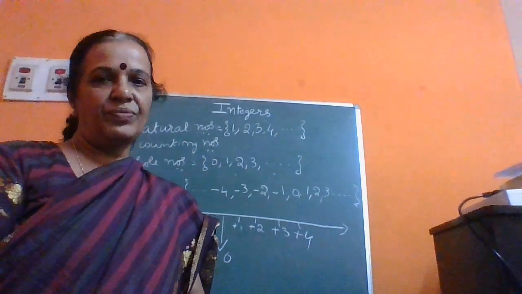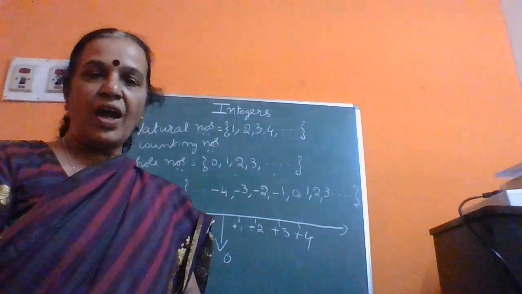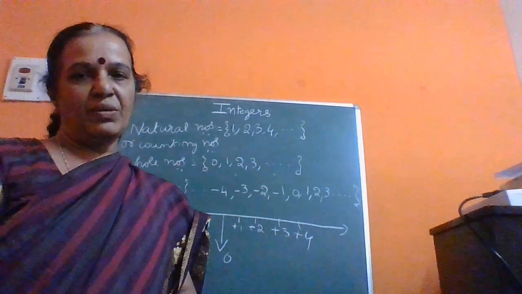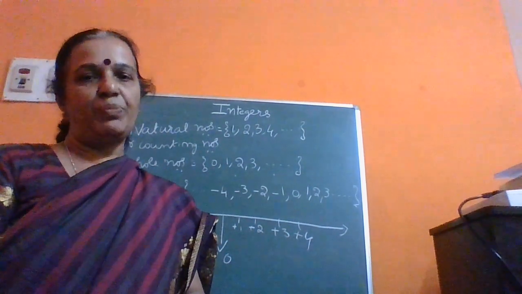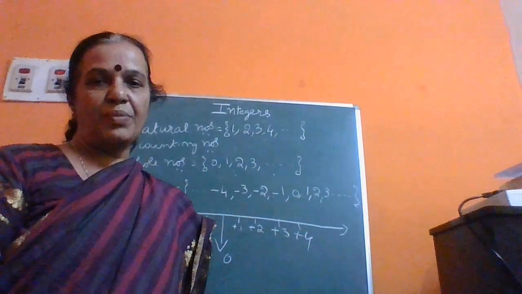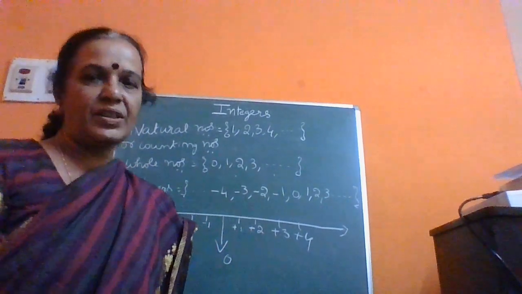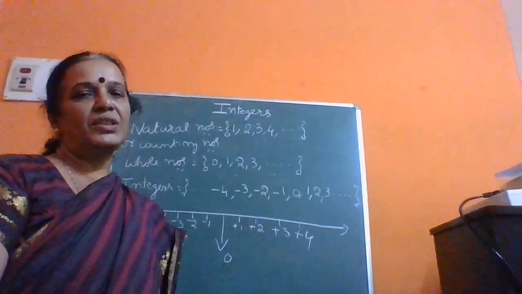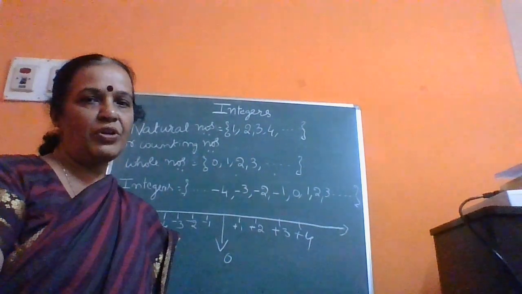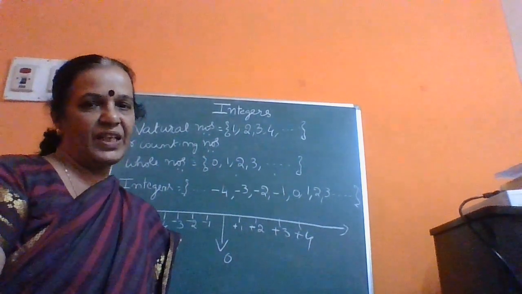There are times where we have to use negative numbers, where we have to represent numbers with negative sign. For example, when we have to deposit money in the bank, we represent that number with positive sign.